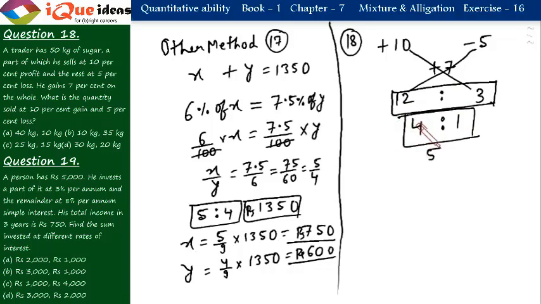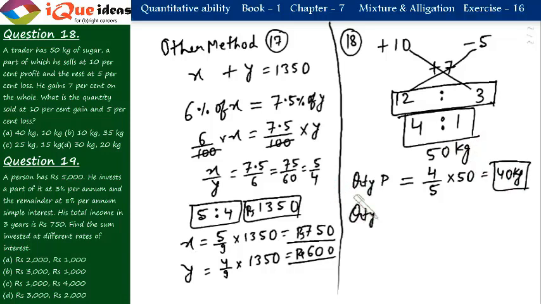Right? So the quantity sold at profit would be equal to 4 divided by 5 into 50, which is 40 kg, and quantity sold at loss would be equal to 1 by 5 into 50, which is 10 kg, or 50 minus 40, that is 10 kg, right?